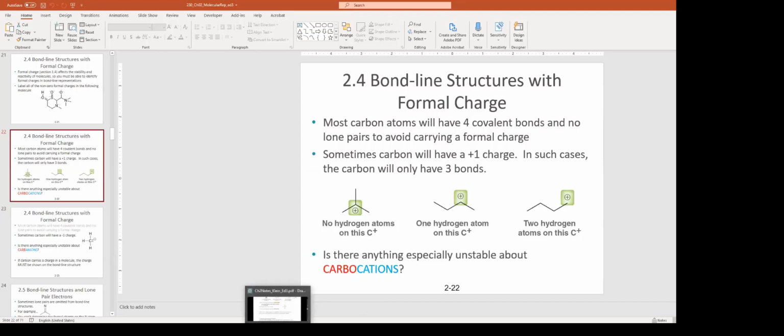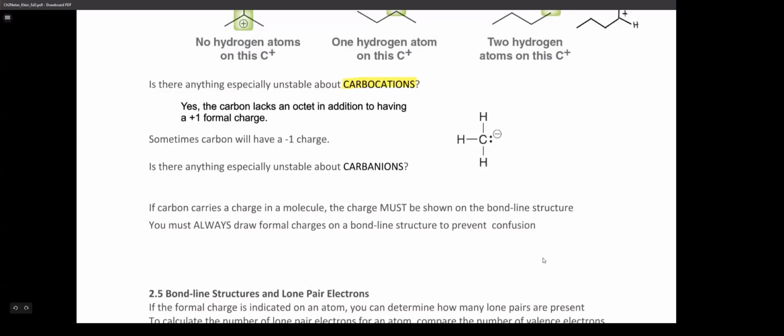You do not need to know about them at this point, and probably not at all. But there is another type of species which is very strange, like this one. Don't worry about it right now, but I could ask you what the formal charge is.